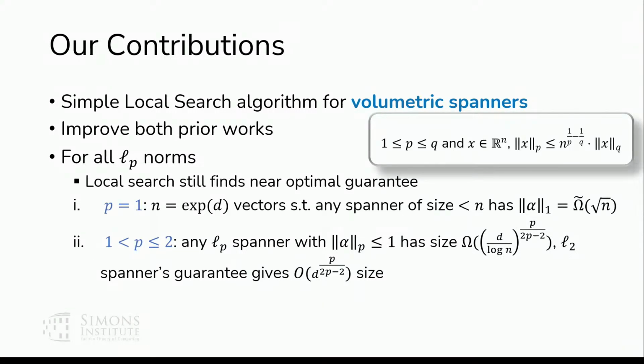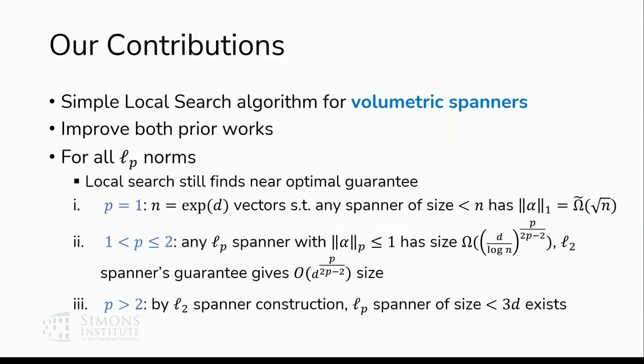We're just using Holder's inequality and so on. And for p greater than 2, it's also easy: the L2 spanner implies something for the Lp spanner. When the L2 norm is less than 1, for sure the Lp norm is less than 1, so the size of the L2 volumetric spanner gives the same bound for Lp volumetric spanners.